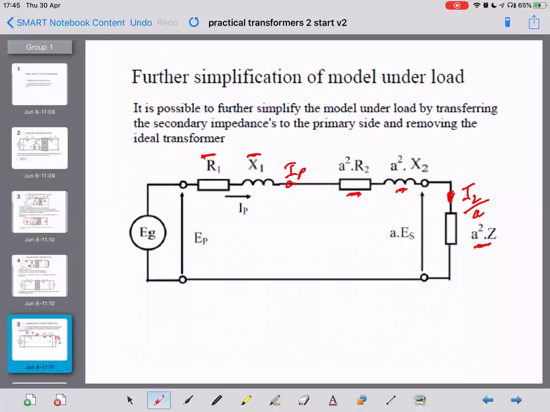All right. So again, we've now simplified the model a little bit more, and we can ignore the ideal transformer because we've transferred the impedances across. Everybody okay with that?